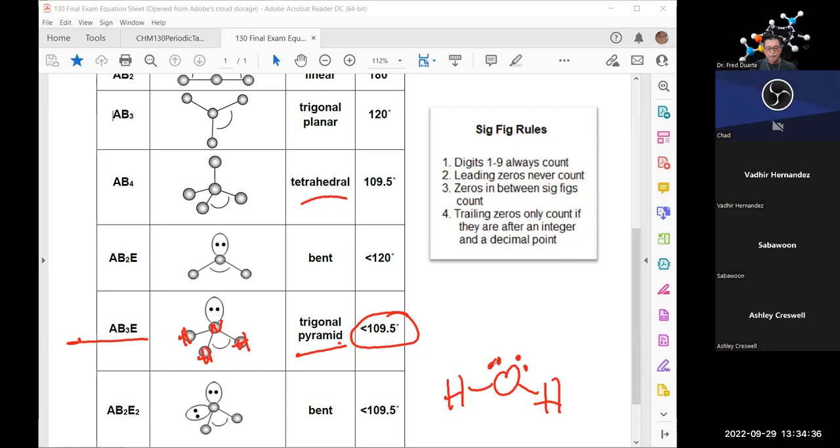We did H2O, which was this particular structure right here, with 2 lone pairs. It had an AB2E2, 2 lone pairs on the central atom, and we called that bent. And that bond angle is much, much less than 109.5.